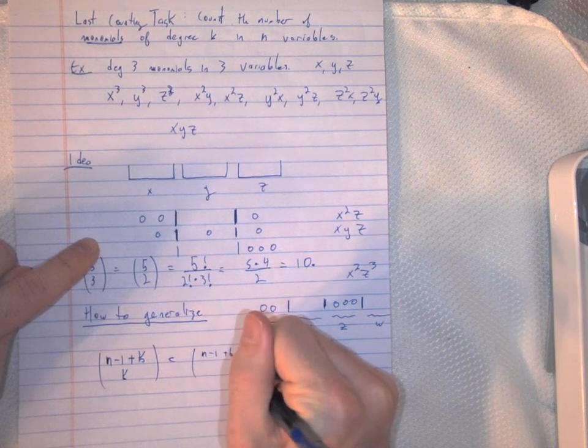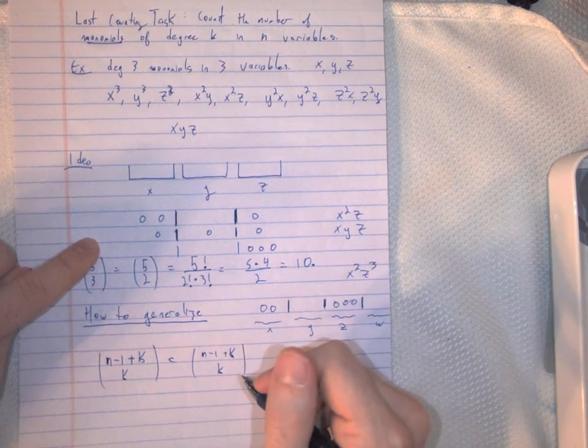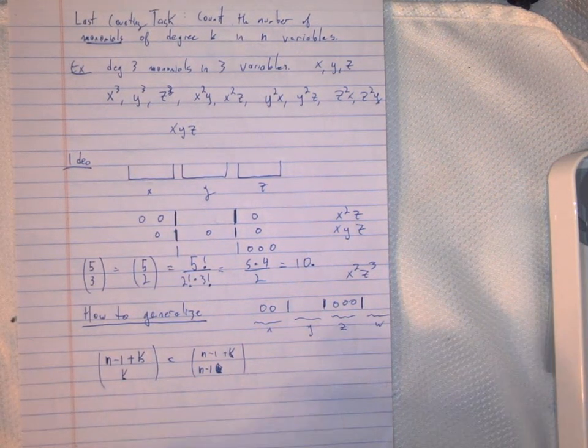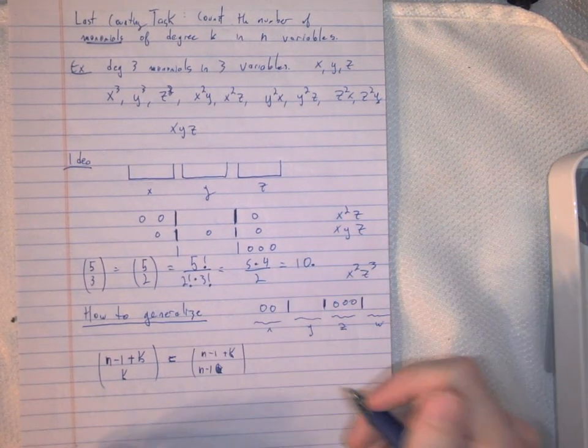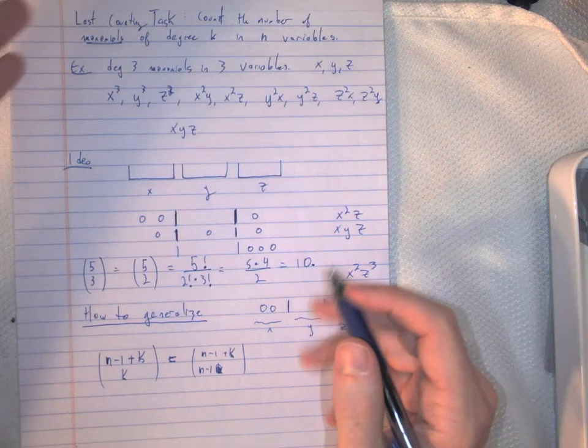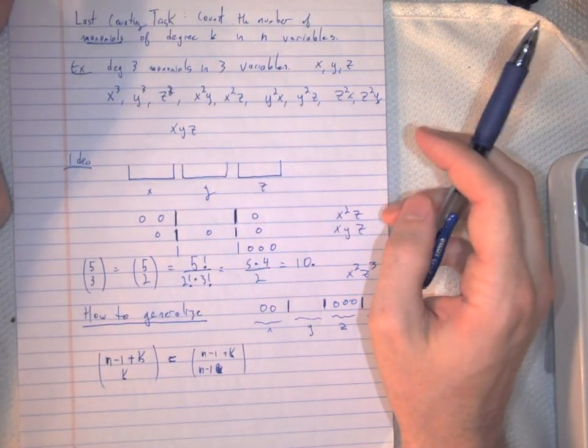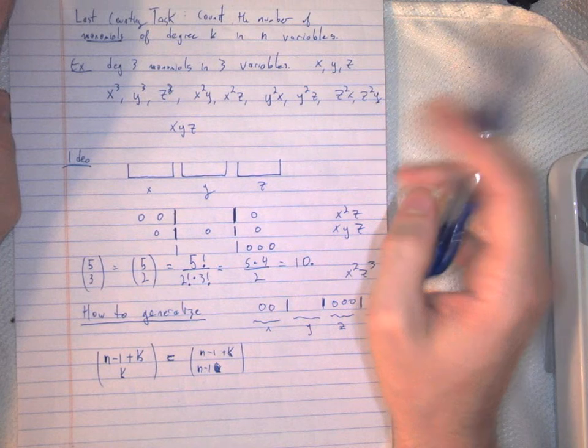Oh, I'm sorry, n minus 1 plus k choose k, or n minus 1 plus k choose n minus 1. We know that these are equal. So the one thing that they count is monomials in n variables of degree k.